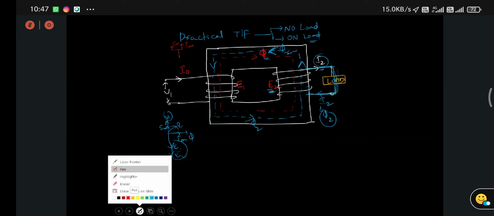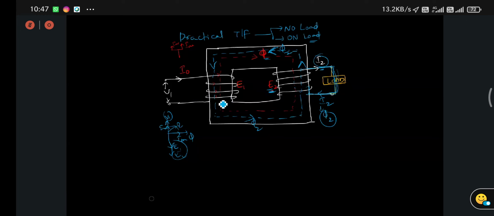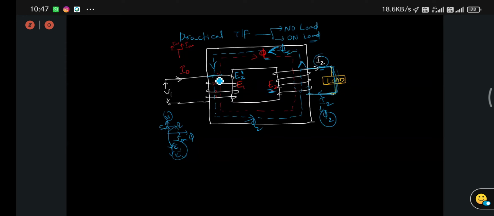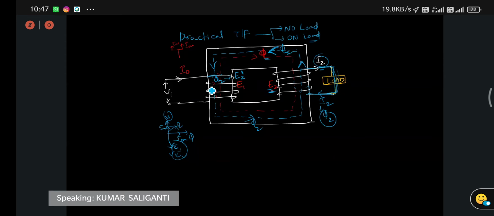You can observe, this EMF is called E2 dash, or E1 dash. Because of Φ2, when this Φ2 links with the primary winding, this E2 dash is induced here.